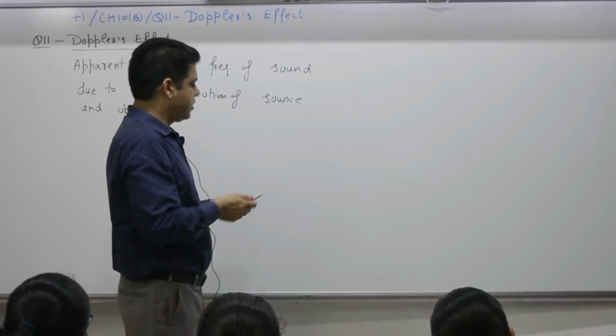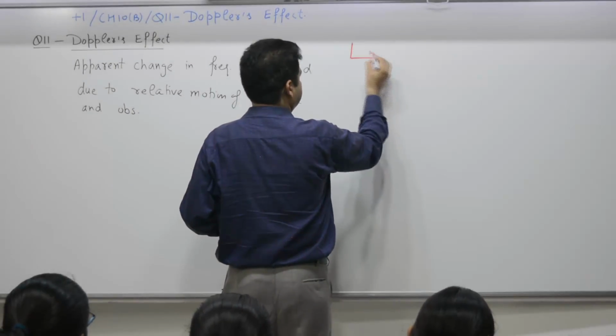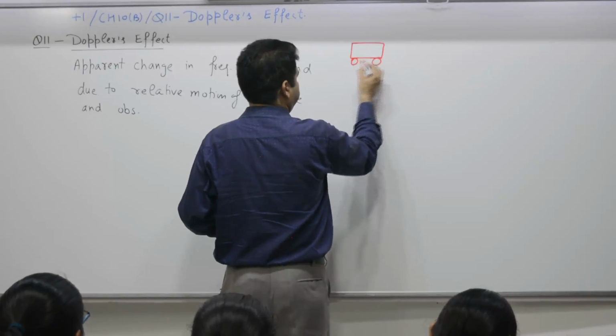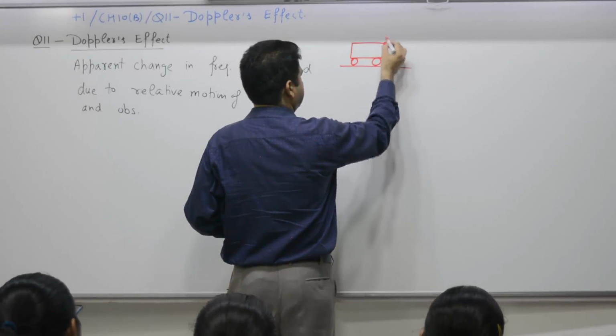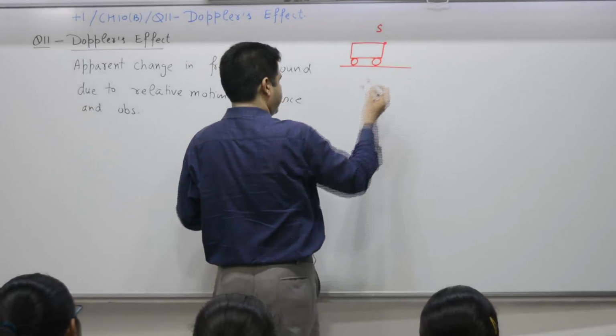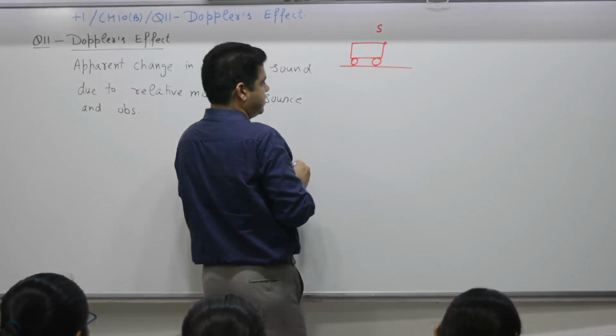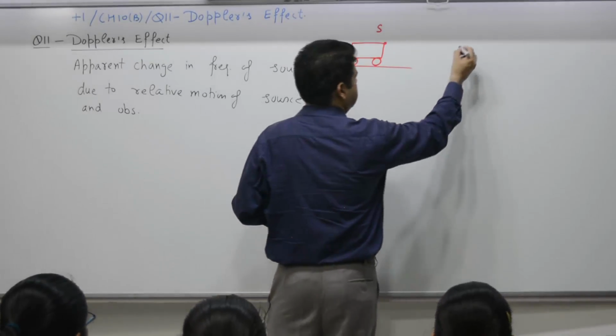Reason: there is a source, say a train, a vessel, horn, source of sound, you may call it whatever you like. And there is an observer, listener.